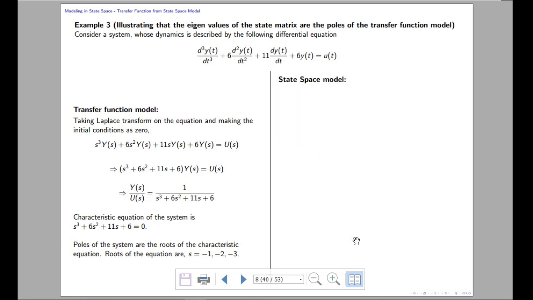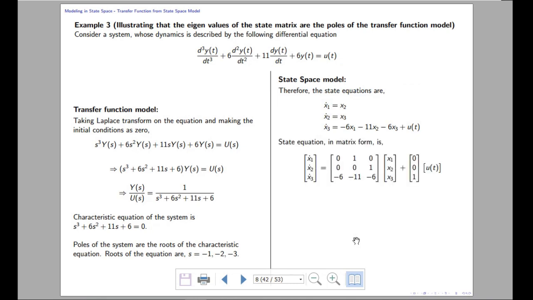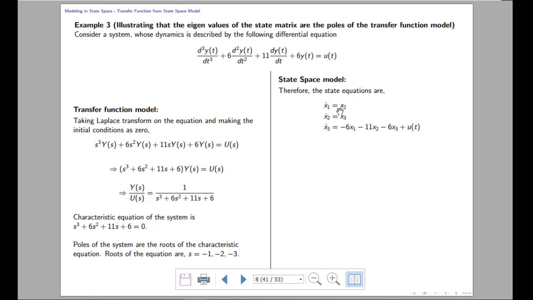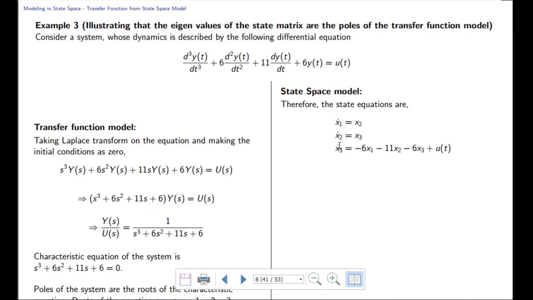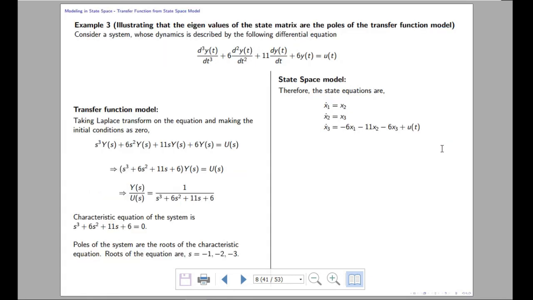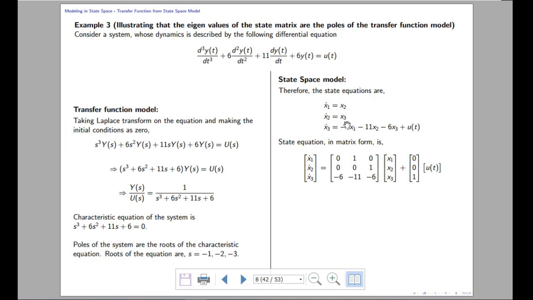So I can write the state equations. x1 dot is equal to x2, x2 dot is equal to x3, and x3 dot is equal to minus 6x1 minus 11x2 minus 6x3 plus u of t. These three equations I can write in a matrix form. This is going to be the state equation: x1 dot, x2 dot, x3 dot as a vector, and then the first equation has only an x2 term, therefore 0 1 0.